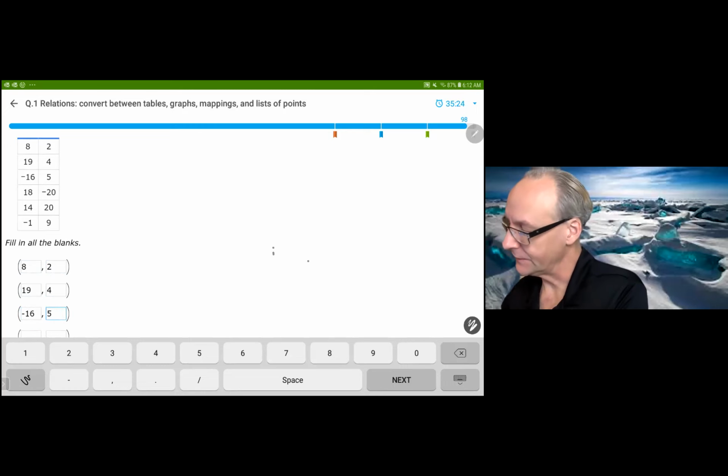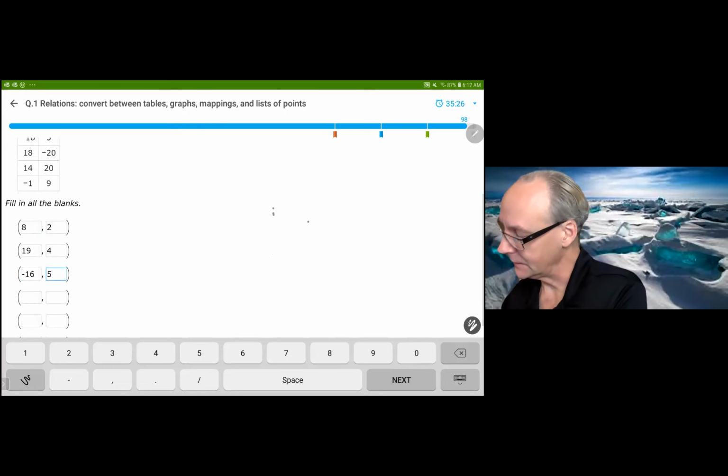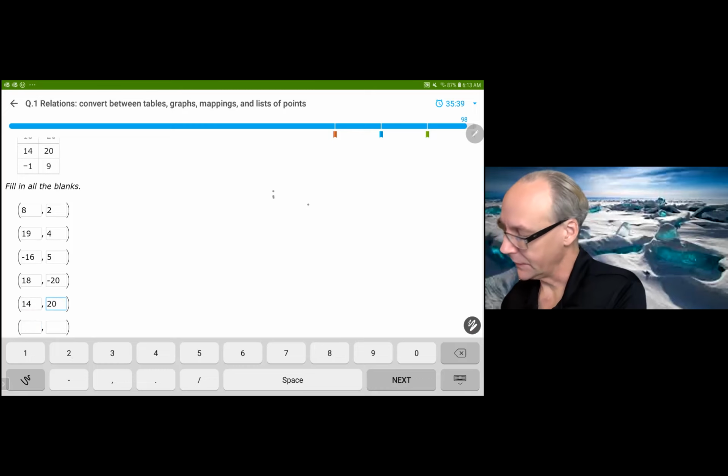See if you can tell if it's a function or not. 18, negative 20, 14, 20, and negative 1, 9. And is it a function? As a matter of fact, it is. All my x's are different, so there is no way it cannot be a function.